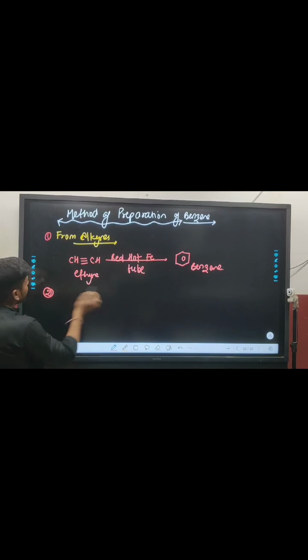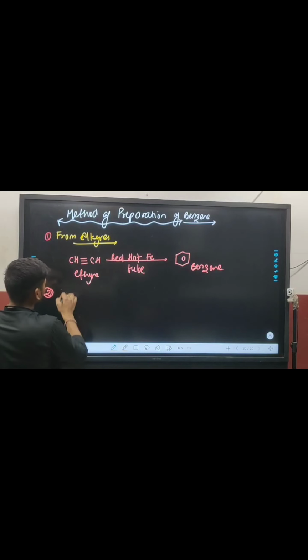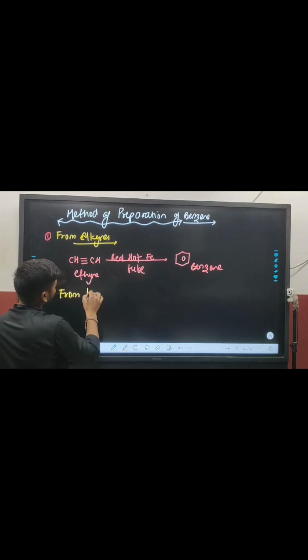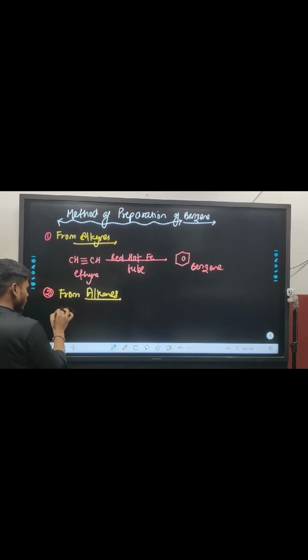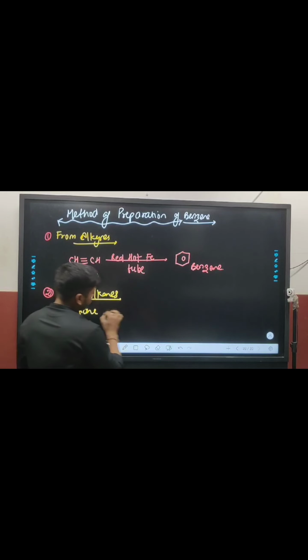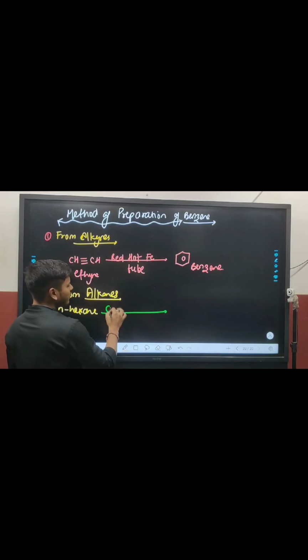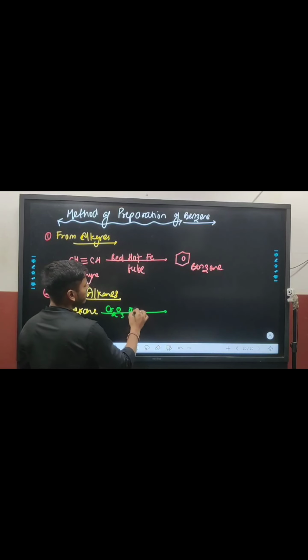Right? The second method is preparation from alkanes, in which we take n-hexane, normal hexane. We add a reagent, Cr2O3 or V2O5.